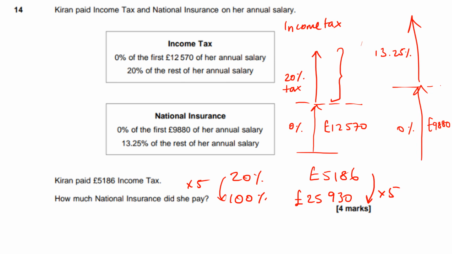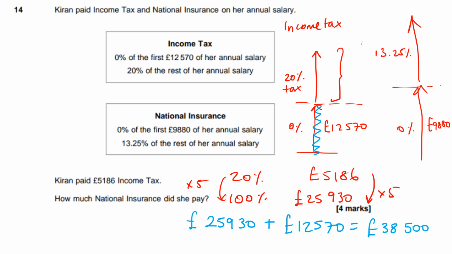But remember, in order for us to be able to find out how much they get paid annually, we will need to add on this section because they haven't paid any tax for that one. So £25,930 plus 12,570 is going to give you £38,500 is how much they get paid.